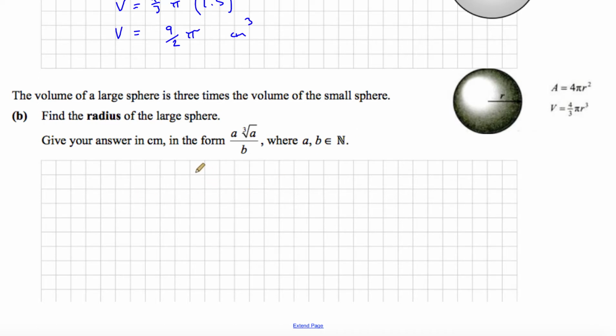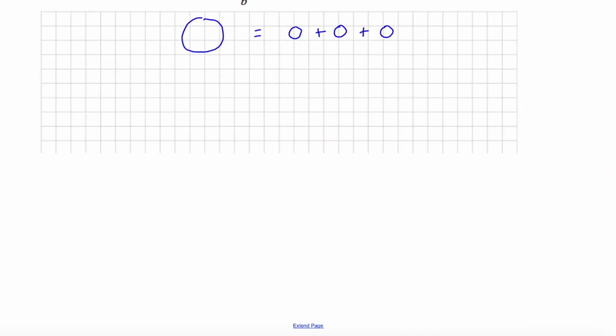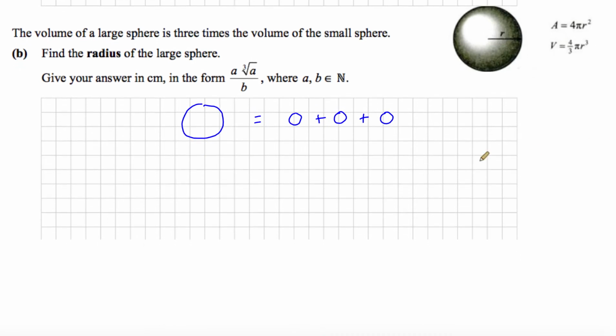So remember, the volume of the large sphere was equal to the volume of 3 small spheres. So you think about it diagrammatically like this. So the volume of the big sphere, again taking this formula from the tables book, that's going to be 4/3 pi r cubed.